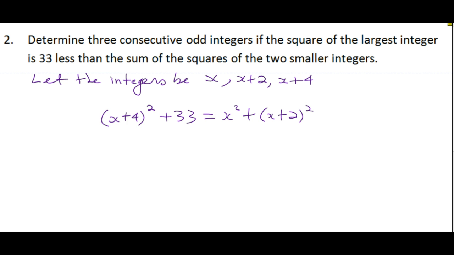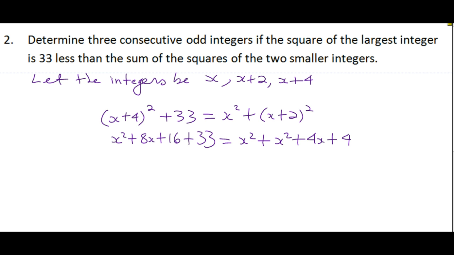Okay, so now we just square. x squared plus 8x plus 16 plus 33 is x squared plus 4x plus 4. Okay, so we're into the expansion stage now.